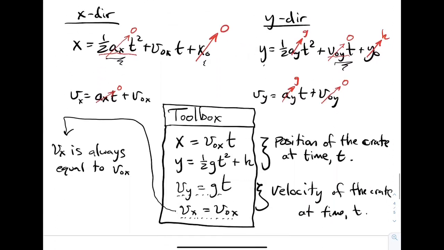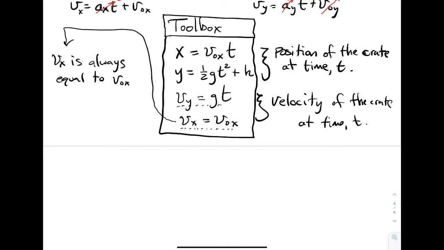So this equation seems a little silly, but it really does support something that we knew going into this if it was a projectile motion problem. I don't like the word prove, but either way, now we have everything we would need to solve any aspect of this problem.